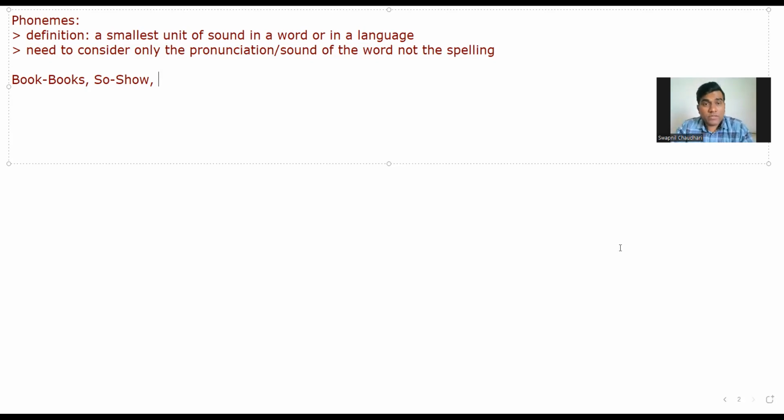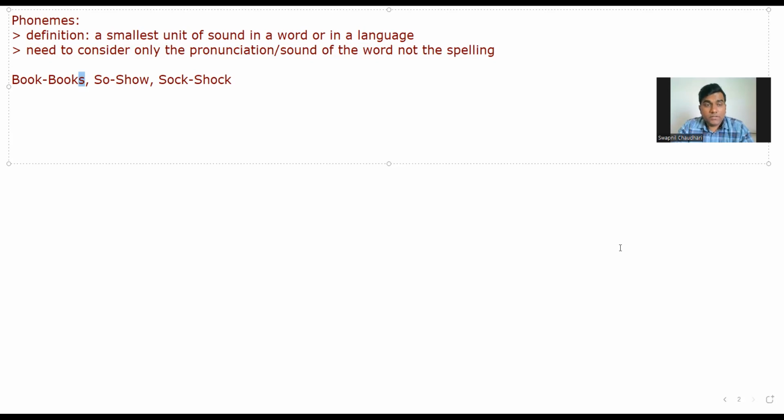So this is the concept of phoneme, where even a small change in the pronunciation can make a big difference. Shock versus shock, right? So I hope you people understand. Now this is an example of a phoneme, the highlighted area on the screen.